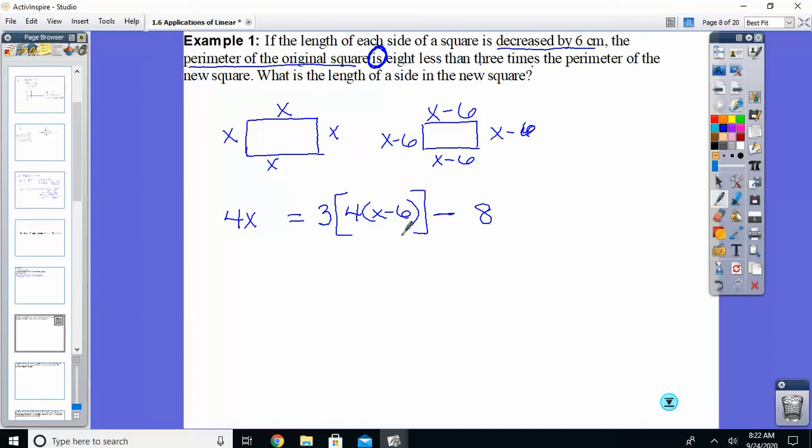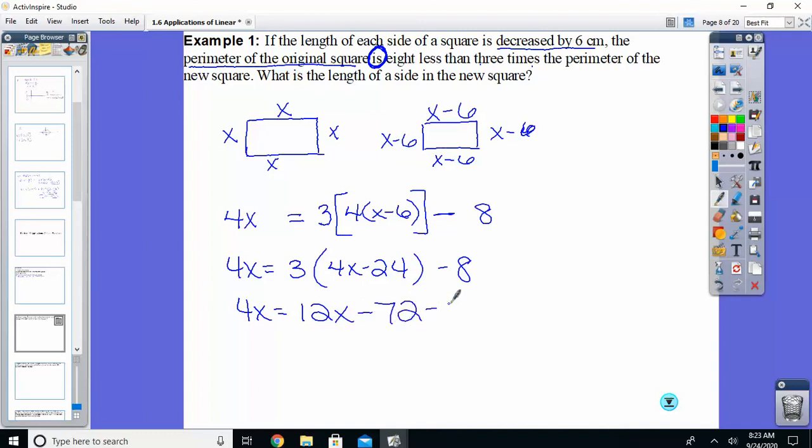So now this is just like the problems from yesterday. We're solving an equation. If we start on the inside, what do I need to do with my 4? Okay, so that would give me a 4x minus 24. Now what do I need to do? Distribute again, so that would be a 12x minus 72.